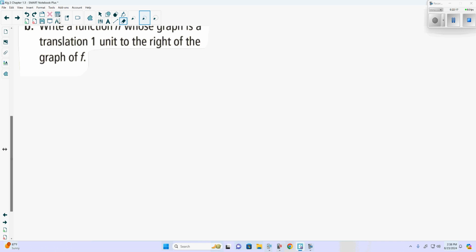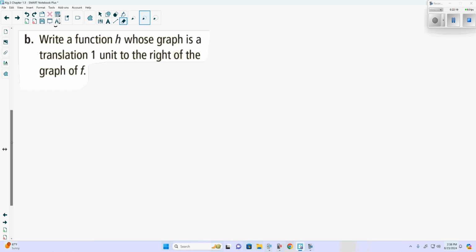Write a function h whose graph is a translation 1 unit to the right of f. h of x equals f of, since we're going horizontal left right, we're going to use our f of x minus h.